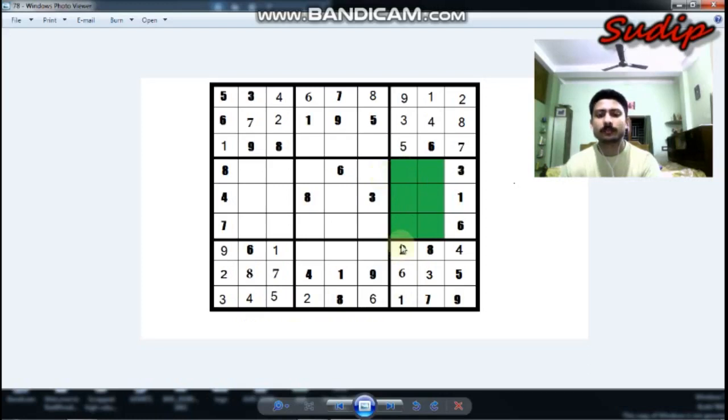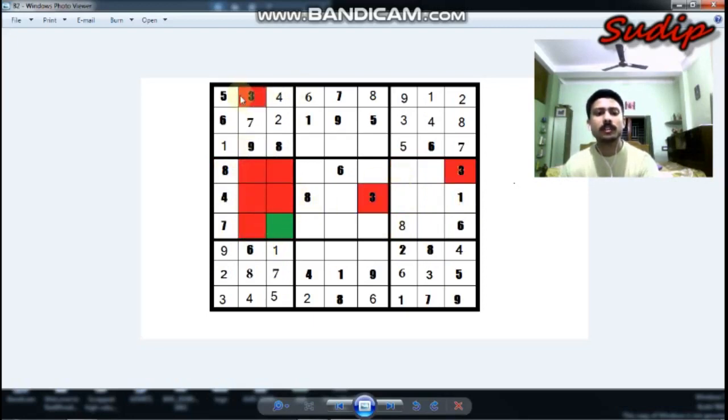Now this position will contain an 8. 8 is here, so this line will not contain 8. 8 is here, so this line will not contain 8. 8 is here, so this line also will not contain 8, so 8 will be there. This portion will contain a 3.